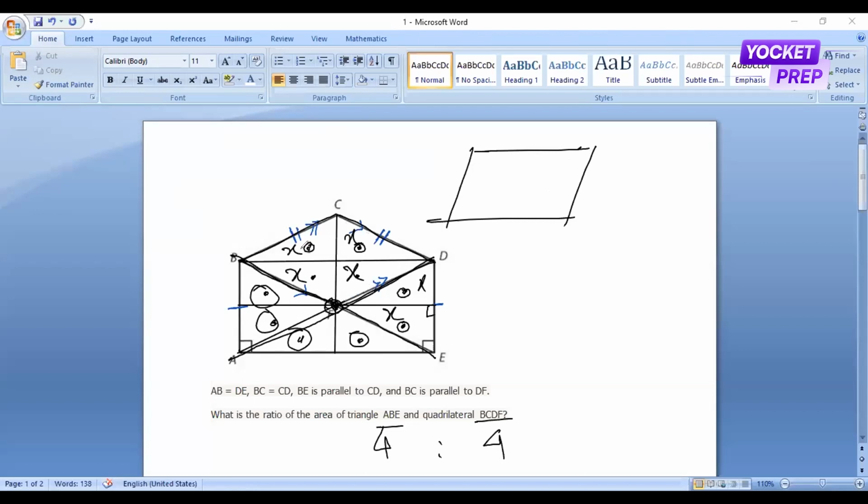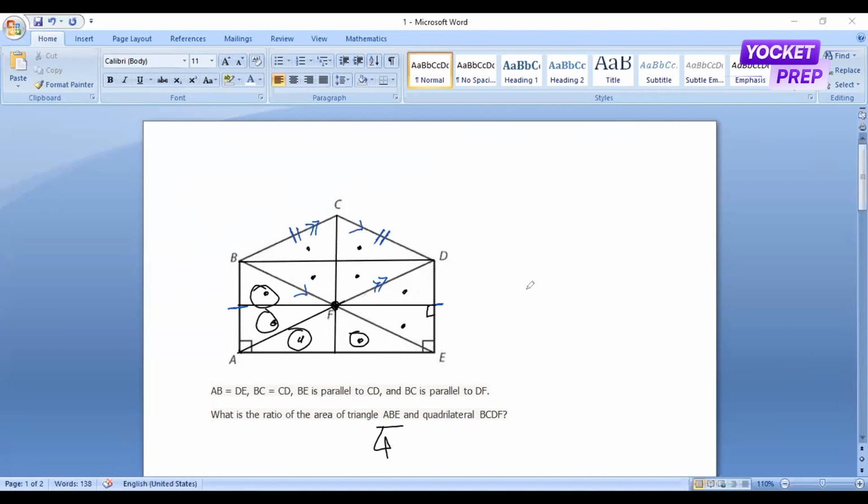We already established that, no? Because this was a parallelogram. Okay, I'm explaining again. See, I said this is a parallelogram. This length and this length are equal. So F is the midpoint. If F is the midpoint, then this must be the diagonal. Got it? So this is the logic behind it.